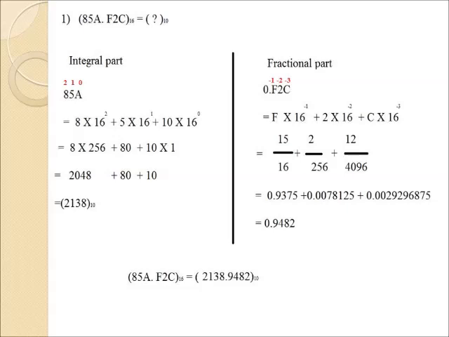So it is 12 by 4096. Here you can see the calculations. So 0.9482 is the equivalent fractional part in decimal. I have combined the result for you. You can see the result.